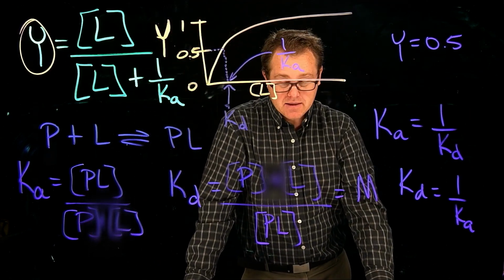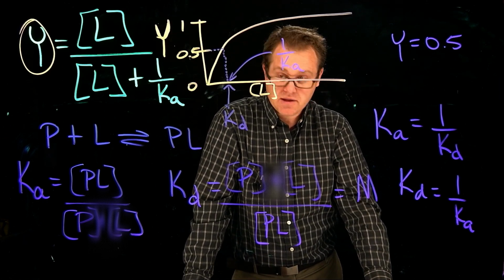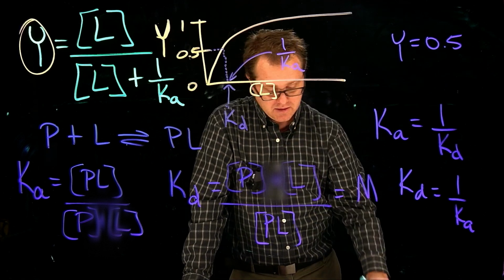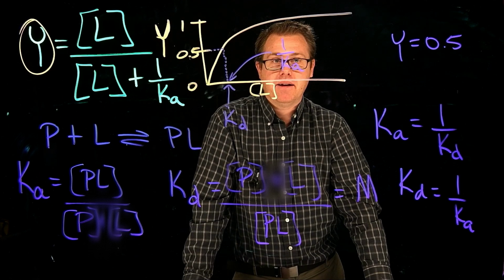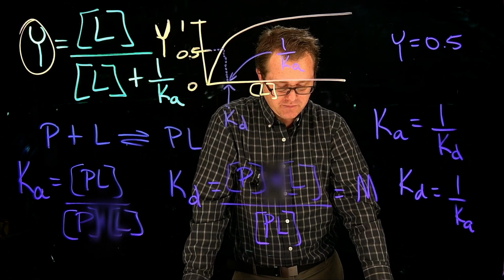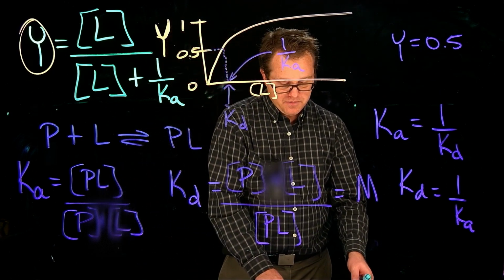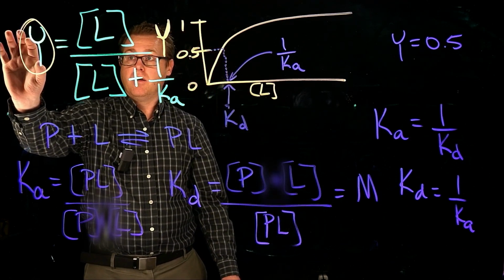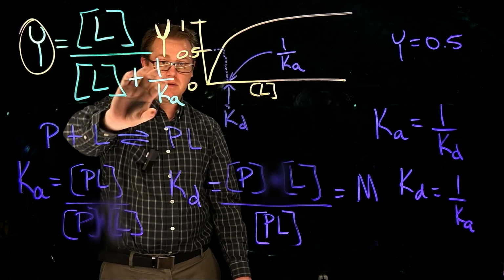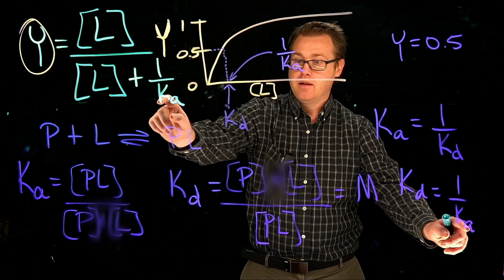And that means, let me read it again, the Kd is equivalent to the molar concentration of the ligand at which half of the available binding sites are occupied. All right. And so what we can do here is take this equation right here, y equals this, and 1 over Ka equals Kd.